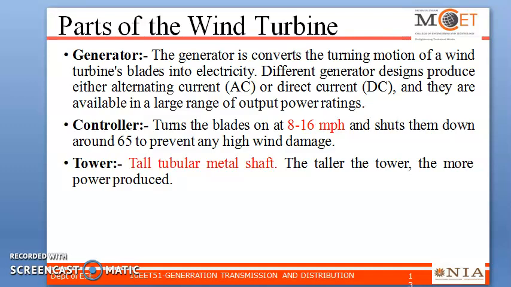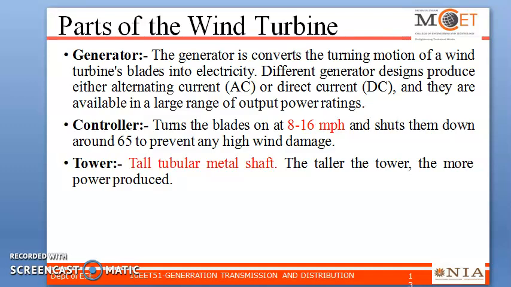Next, the generator. We already know the working principle of the generator: it converts mechanical energy into electrical energy. Then the controller is used to control the blade turns. After that it will stop the blades, otherwise they will be broken. So the controller is used to avoid breaking of the blades.